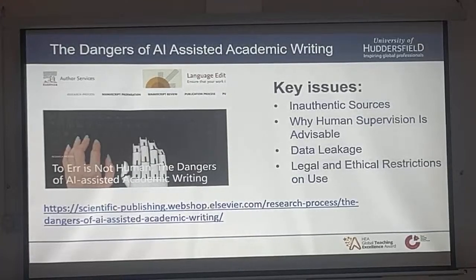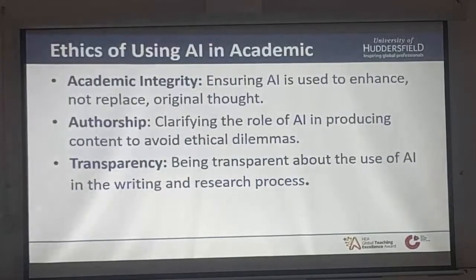So if you have very sensitive data on drug development, some research, or personal information, data leakage is a big challenge, and there are always ethical and other restriction issues. One of the major discussions at the moment on using AI in academic writing is ethical use of AI.